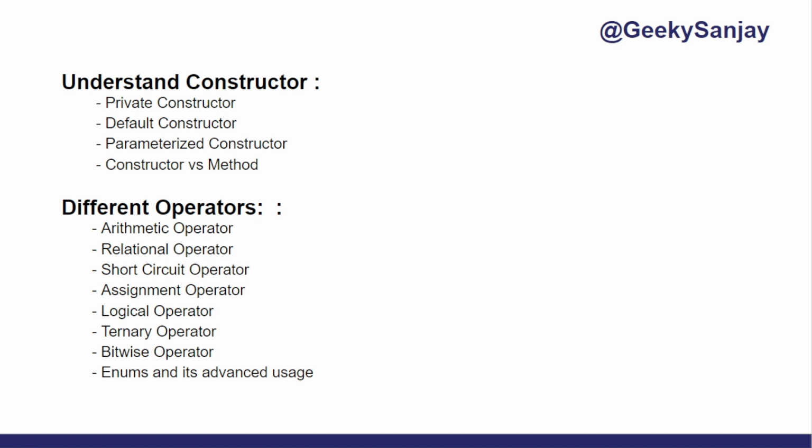And the next topic is the different operators. Okay. So explore various operators like arithmetic, relational, short circuit, assignment, logical, ternary and bitwise operators, including advanced uses of enums. And enum is short for enumeration. It's a special type of data in programming that holds a fixed set of values.